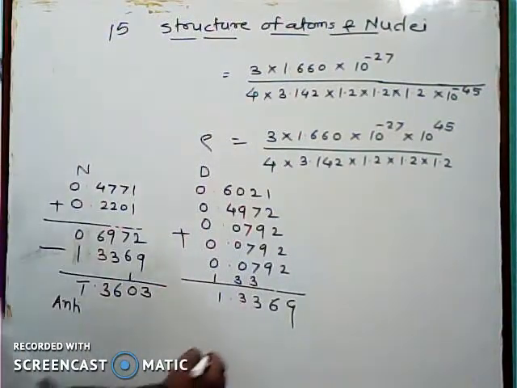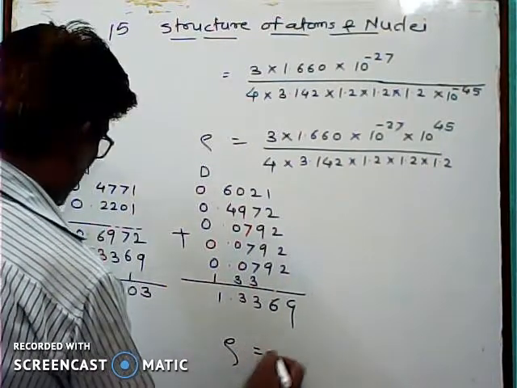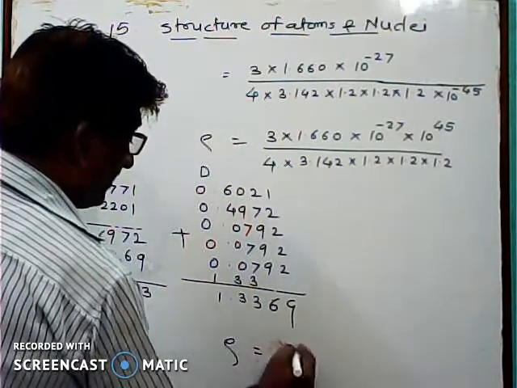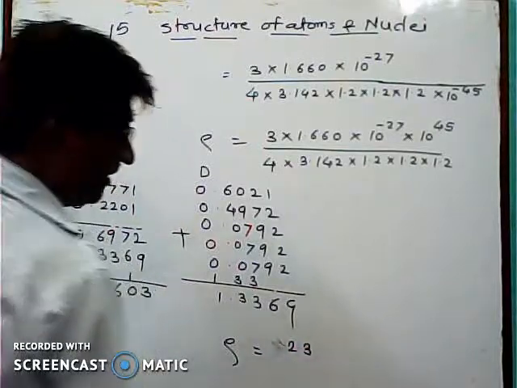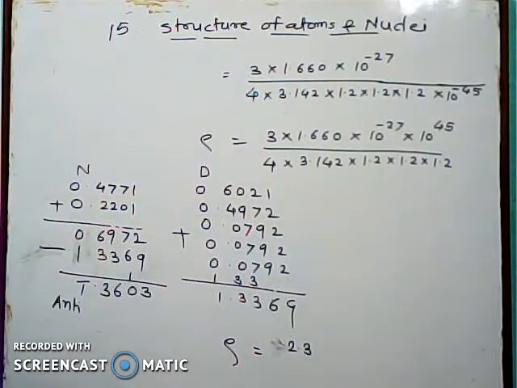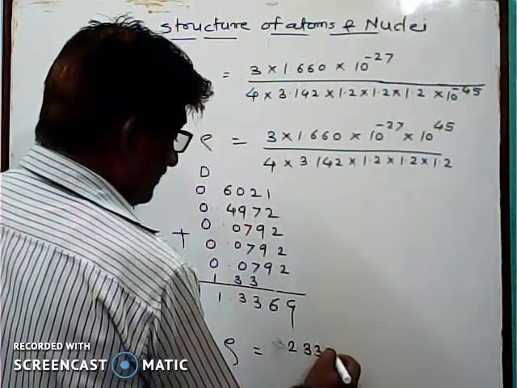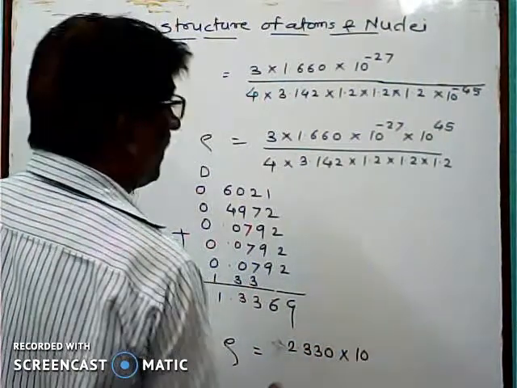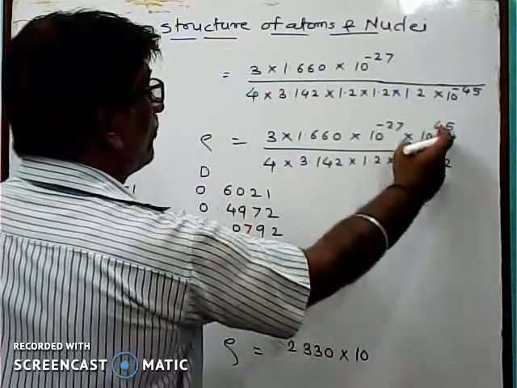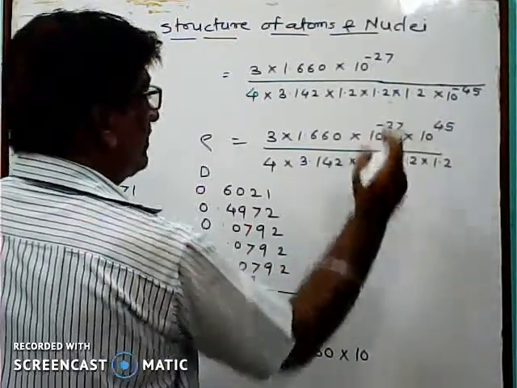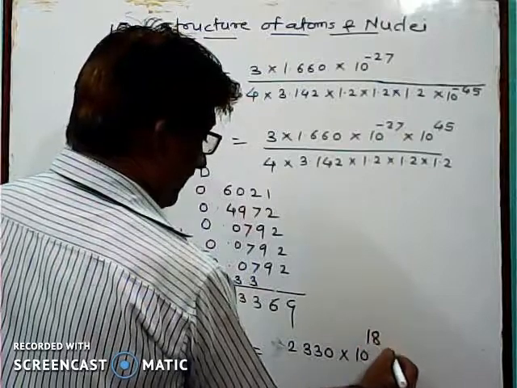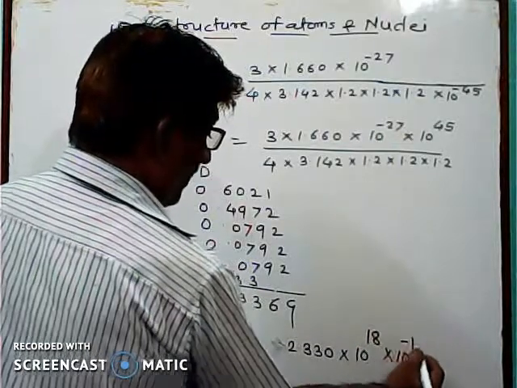rho is equal to 2.330 into 10 to the power 45 minus 27, that is 18, into 10 to the power minus 1.